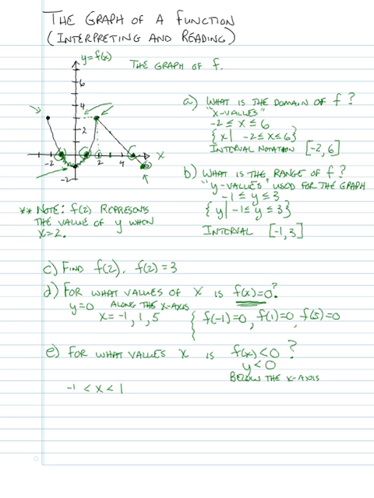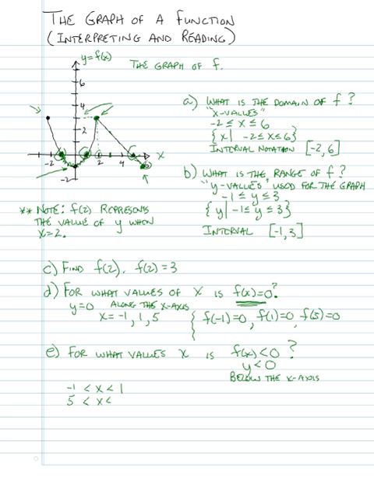Now there's another part of the graph that's below the x-axis, and that's right here. In this case, those x values have to be bigger than +5, not equal to +5, because if x is +5, the y value is actually equal to 0, not less than 0, isn't it? So we're looking for y values that are below the x-axis.